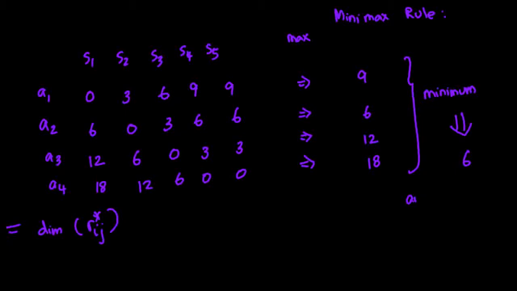But we are looking for the argument minimum over all i's, and we're trying to find the maximum across all states of the opportunity loss matrix, which is Rij star. You find the maximum over all states, and after you find the maximum, you take the argument minimum. I know that the minimum value is 6, but which action resulted in this minimum value?